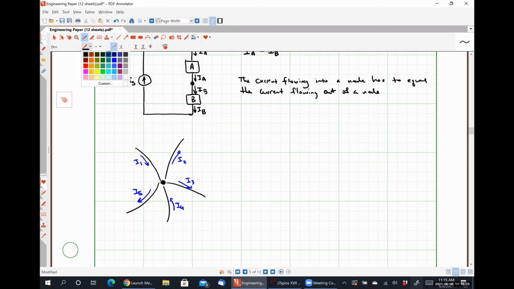We can write what's called a KCL equation, which would be the current flowing in, I1 plus I4, has to equal the total current flowing out, which is I2 plus I3 plus I5. Does anybody have any problems with that mathematical relationship?